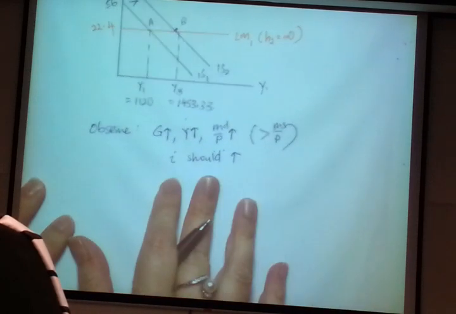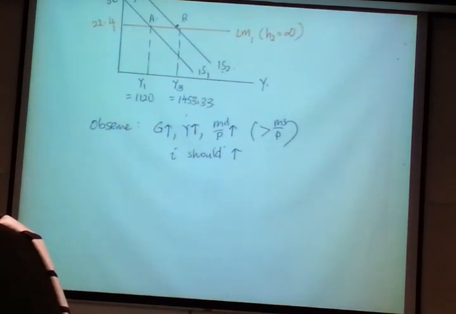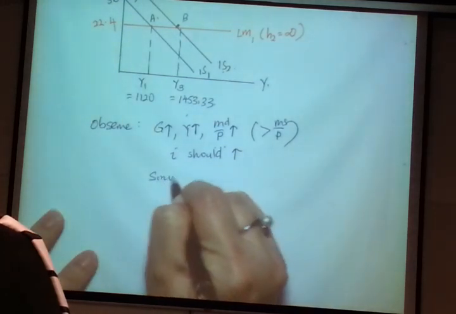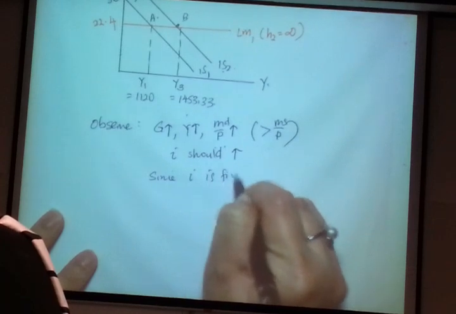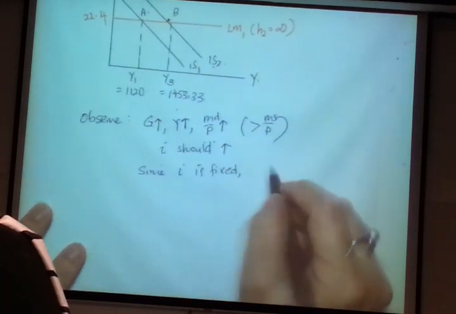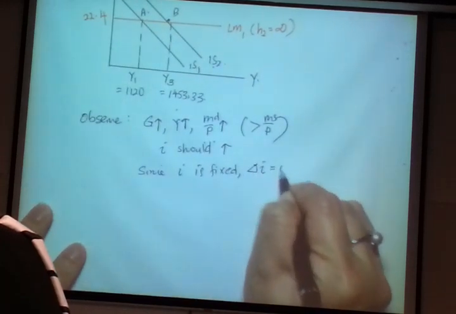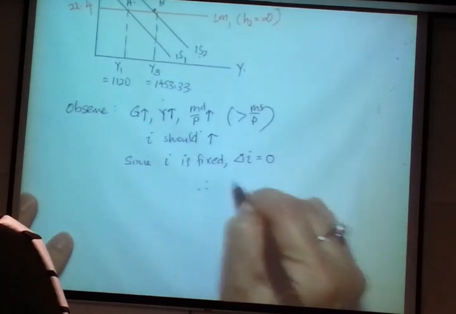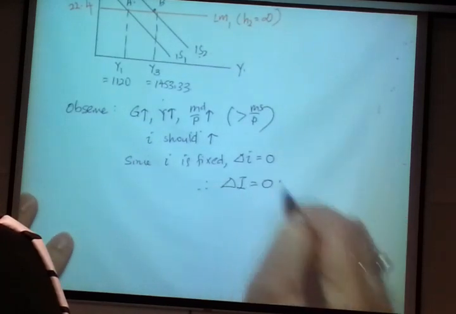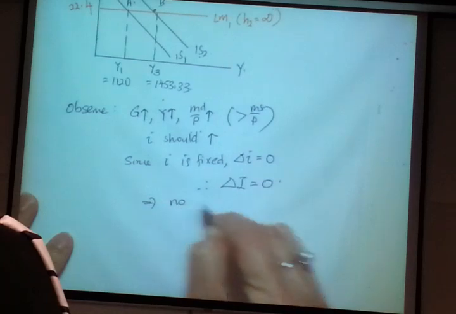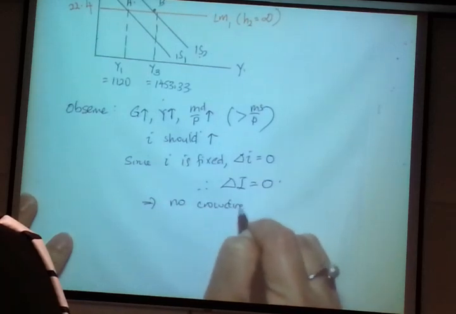That was what we learned last lecture. The money market will actually push the interest rate up. But because the interest rate is fixed, there will be no change in interest rate, therefore no change in investment, meaning there will be no crowding out.